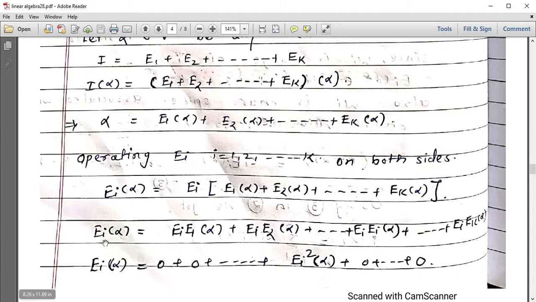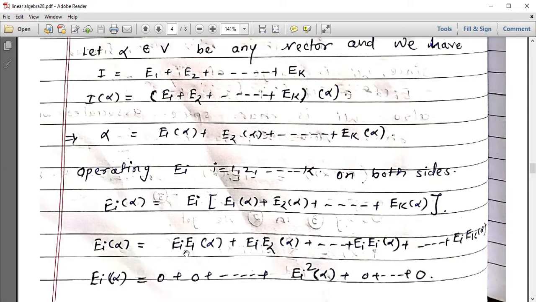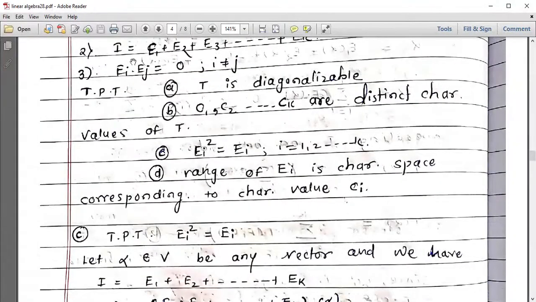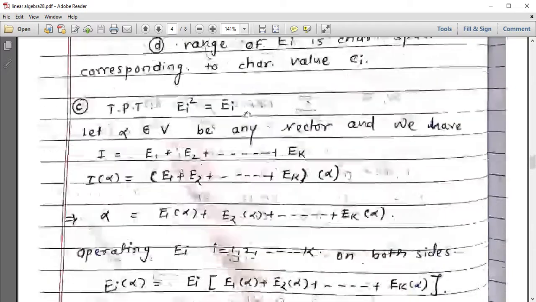So Ei of alpha is equal to Ei E1 (zero), Ei E2 (zero), Ei Ei is Ei square of alpha, and all these other terms are zero. Why? Because it is given that Ei Ej is 0 for i not equal to j, but for i equal to j it is Ei square.